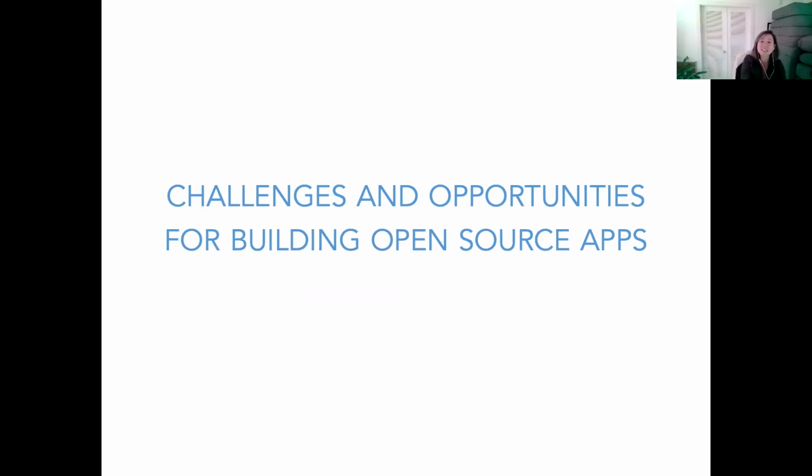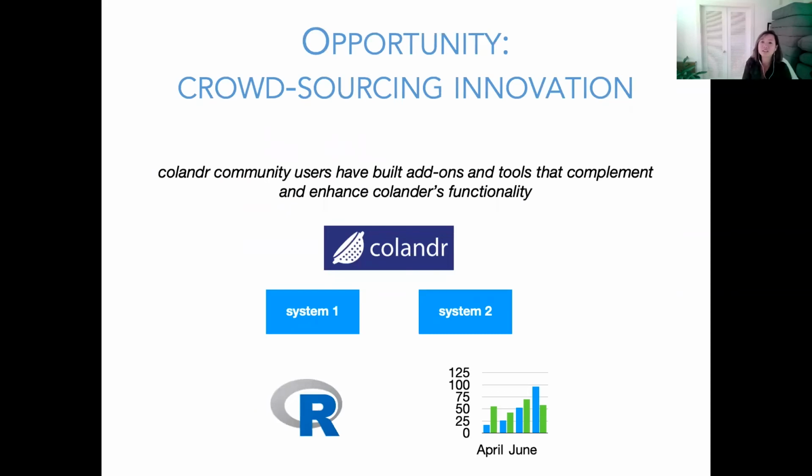So one of the things, in building Colandr and building this user community, we've had a really amazing opportunity to crowdsource innovation. So the user community has identified ways in which they would like to improve both the evidence synthesis process itself, which has led to people getting more involved in evidence synthesis methodology and in research, and getting involved with the groups that are doing this work, such as CE and such as Campbell.